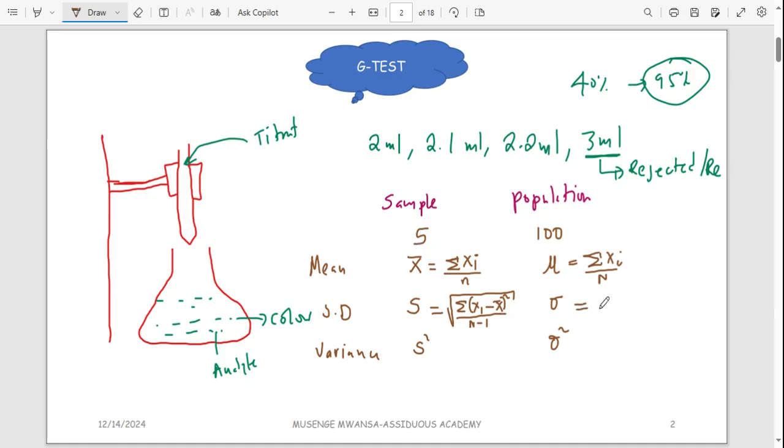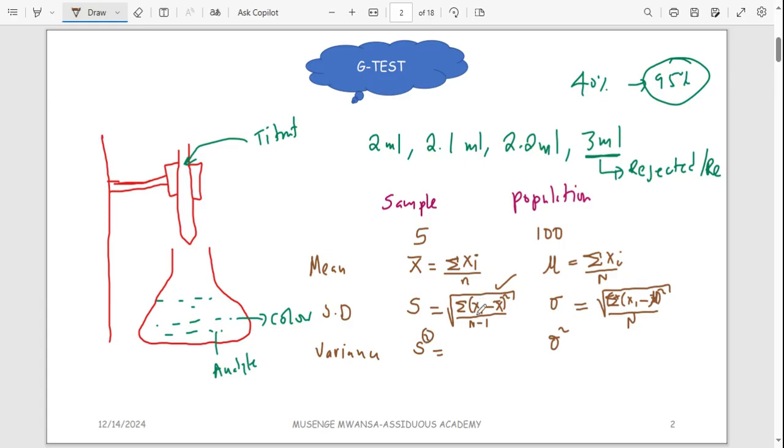But for a population, you get the square root of the summation of each term. You subtract the mean, which here we said we are using mu, you square that, and then you divide by N instead of N minus 1. So it is important for you to understand whether you are dealing with a sample or a population. But the majority of the things we'll be dealing with in statistics will be a sample because we don't have time to get the entire population, and resources as well. So for variance, just remove the square root because you are going to be squaring.